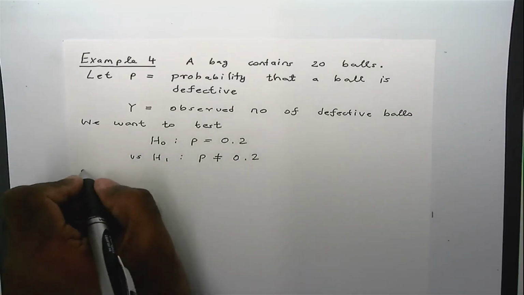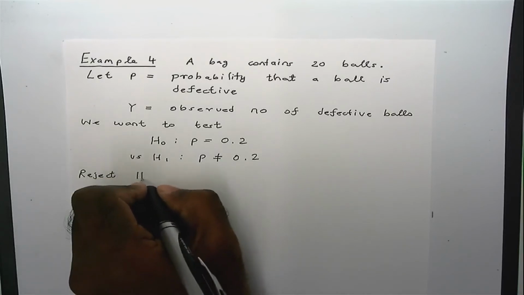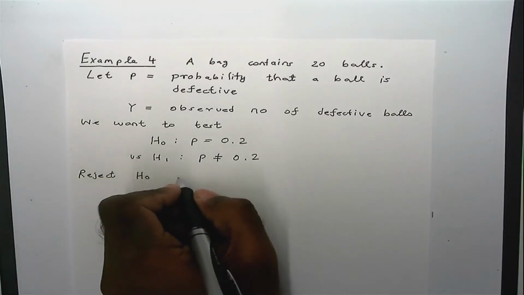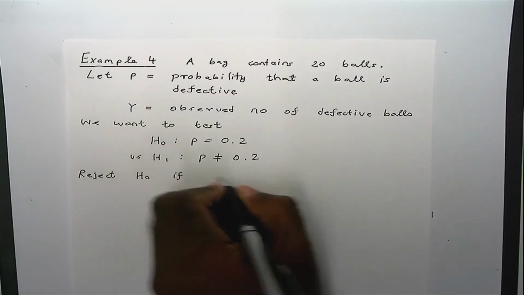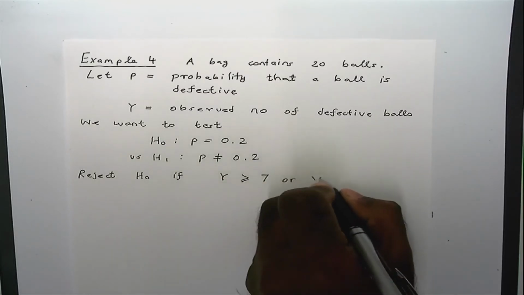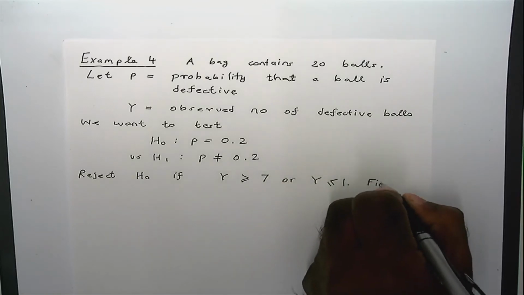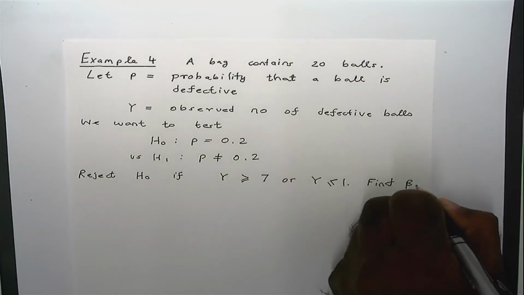And suppose we reject the null hypothesis if Y is greater than or equal to 7 or less than or equal to 1. The question is to find beta.